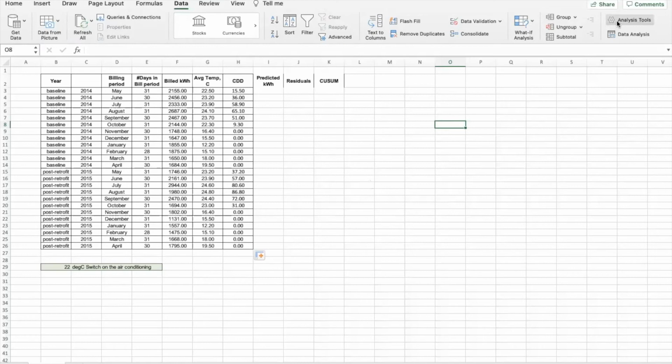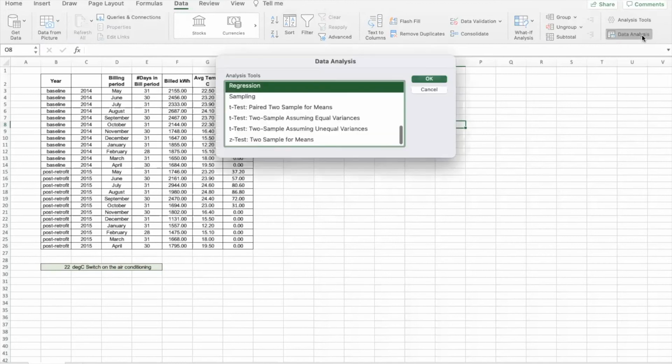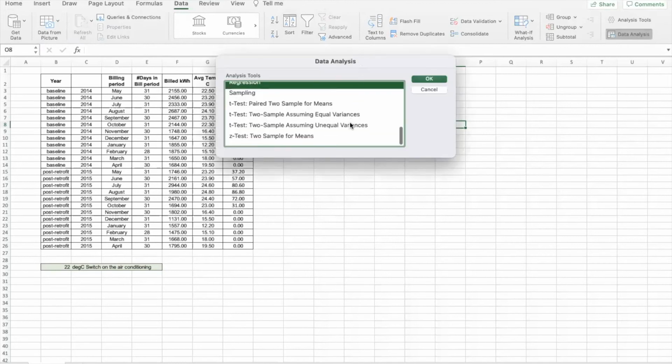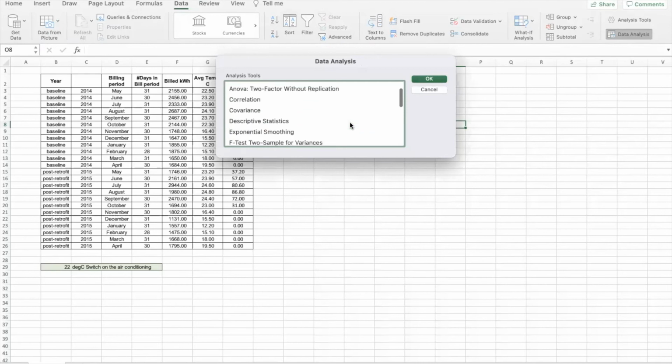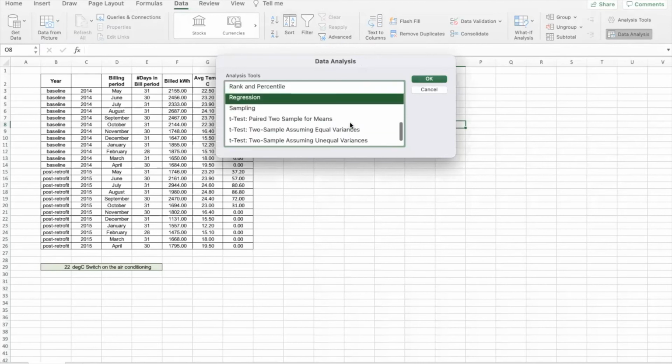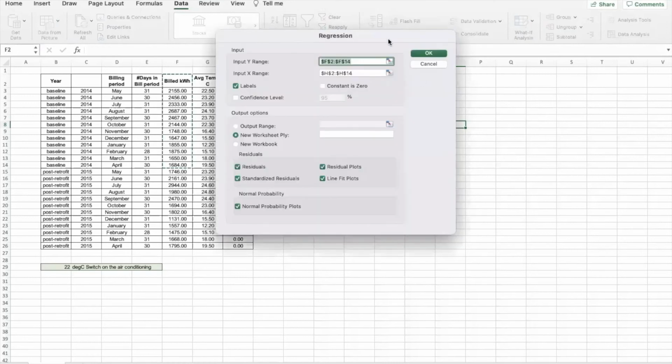After you make sure this function is deployed, go to Data Analysis. Here, you may find different methods in the Data Analysis. Now, we are doing linear regression, so we click Regression.